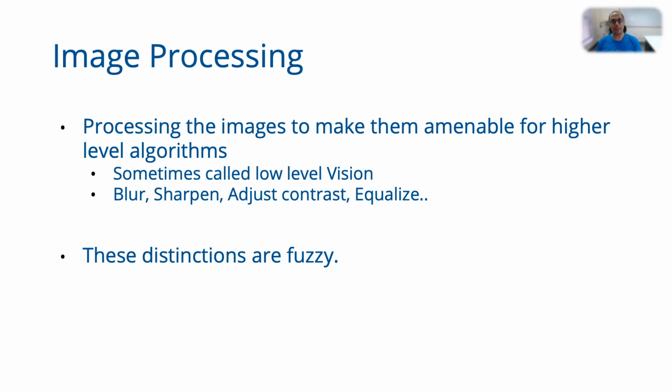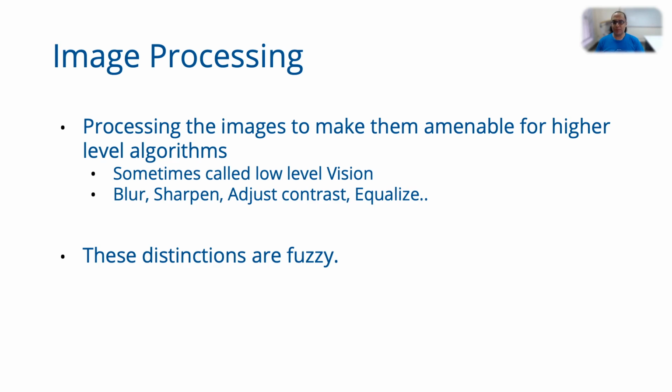Sometimes image processing is called low level computer vision, but I want to say that this distinction between image processing and computer vision is a bit hazy, and not everybody agrees on it. You might even say that things like recognition and segmentation are higher level image processing, rather than saying that blurring and sharpening are low level computer vision.